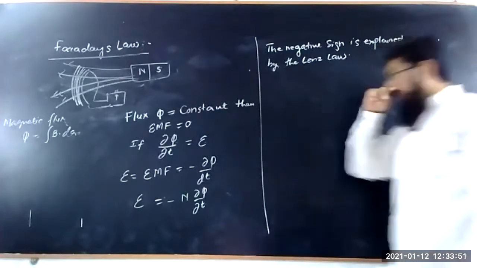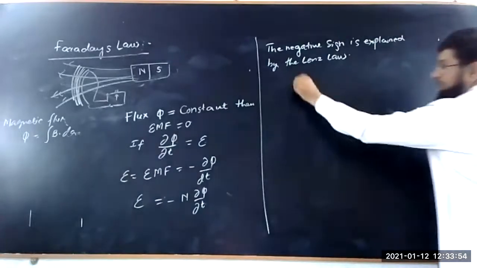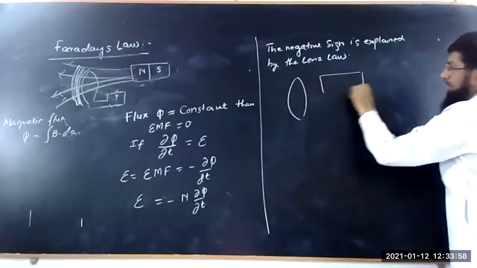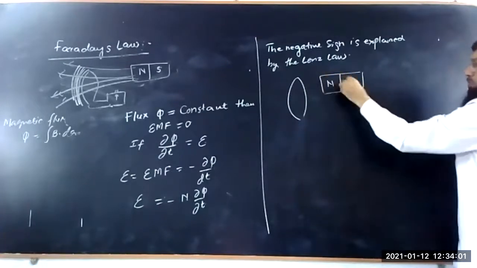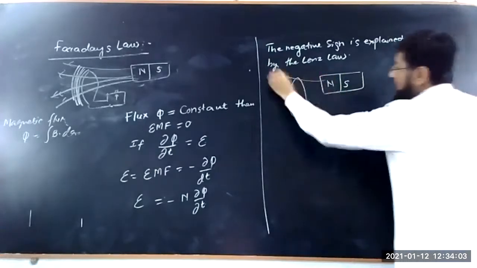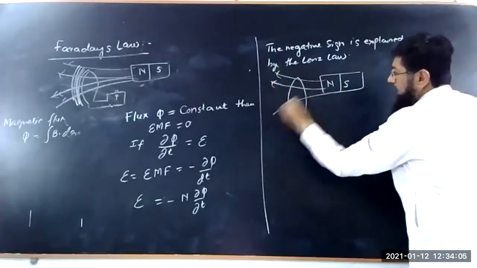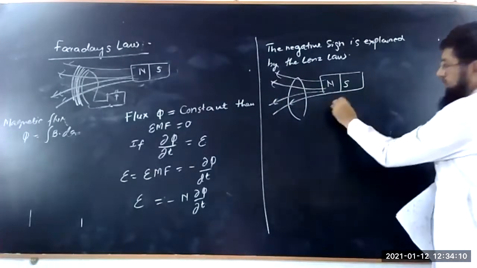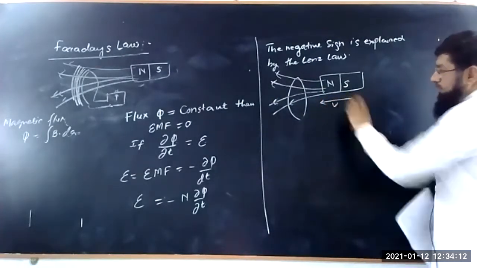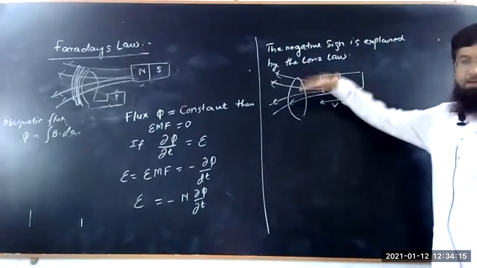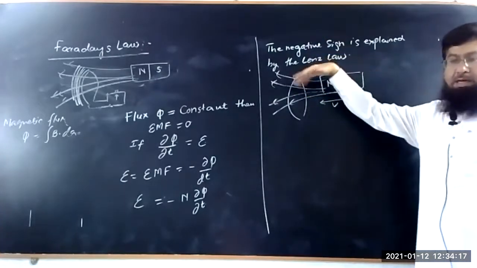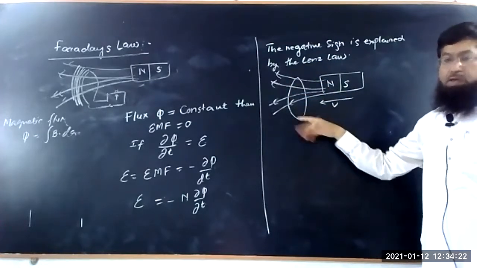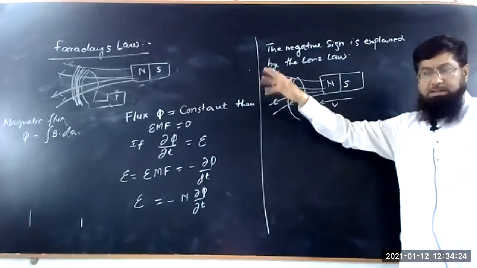For example, if you look here, this is the coil, and this is the magnet, north pole and south pole. The magnetic lines of force pass through the coil. If the magnet is moved in this direction with a velocity v, then the direction of the induced current in this loop can be identified by using the right hand.